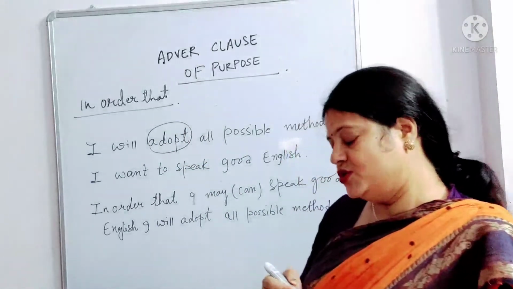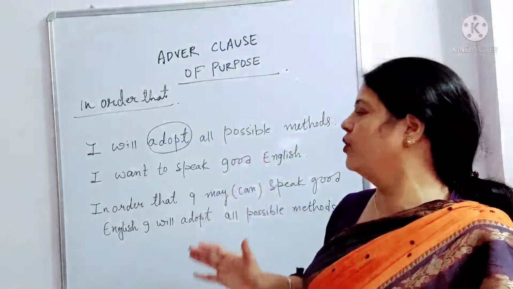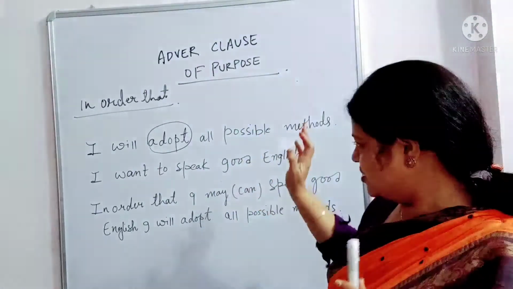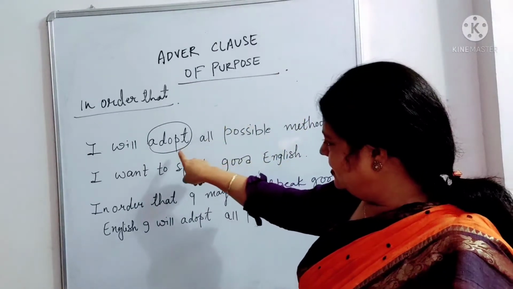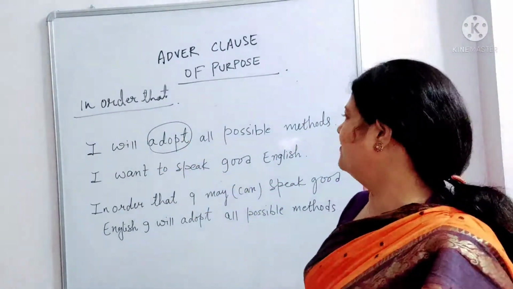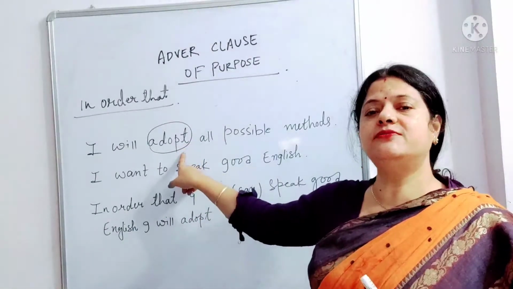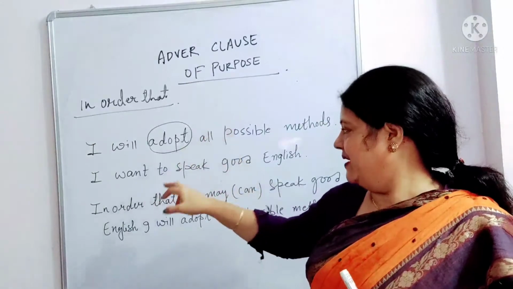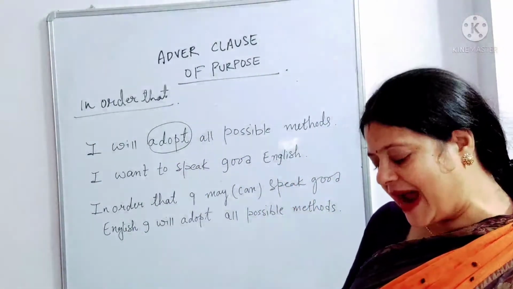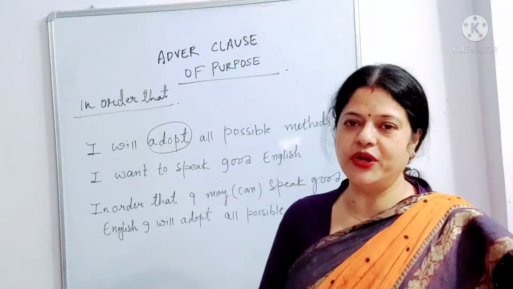So this second sentence, which is now a subordinating adverb clause of purpose, tells the purpose of this verb adopt. Why will I adopt all possible methods? Because I want to speak good English. Now I have added these two sentences like this. First, I have kept the subordinate clause.